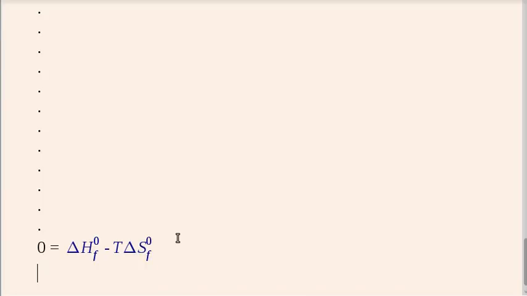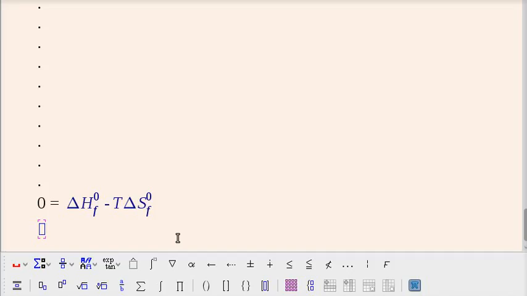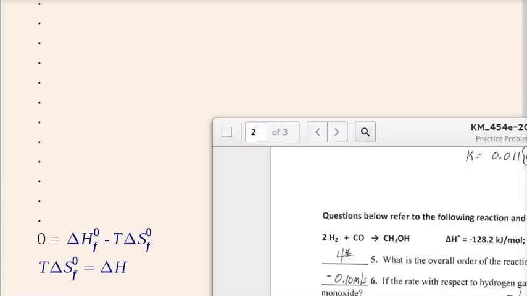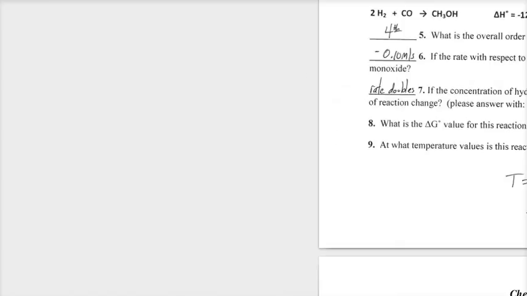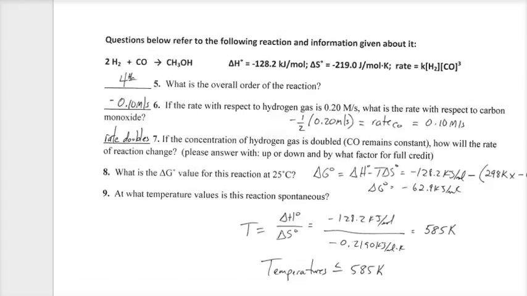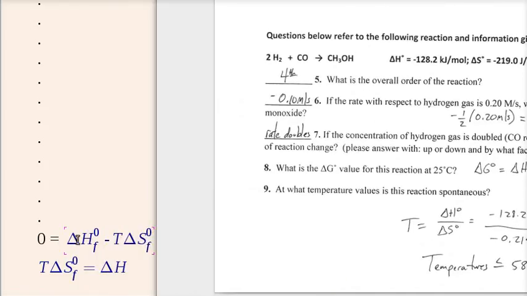So if we move the T delta S over, then we have this, which we can solve for temperature. And I believe that's what Dr. Spencer did. Yes, she has T equals delta H over delta S, which I just showed you how you get that.